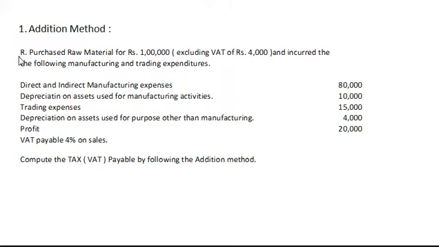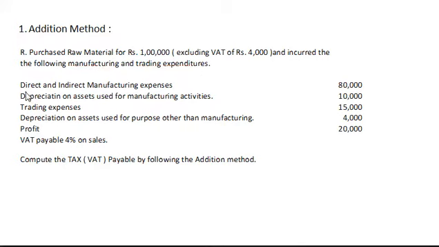R, as a trader, purchased raw material of rupees 1 lakh excluding VAT of rupees 4,000 and incurred the following manufacturing and trading expenses on raw material.